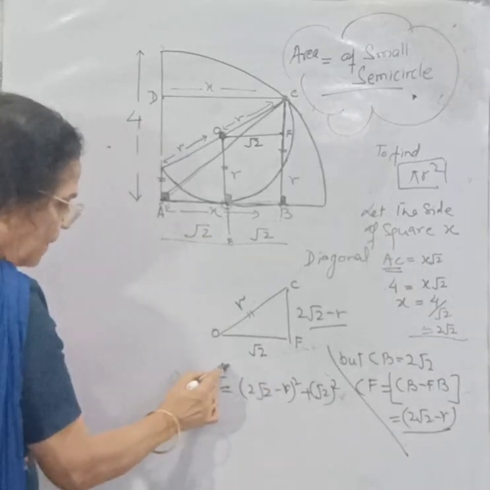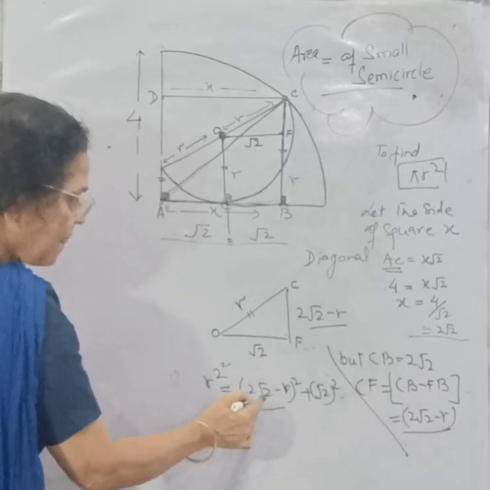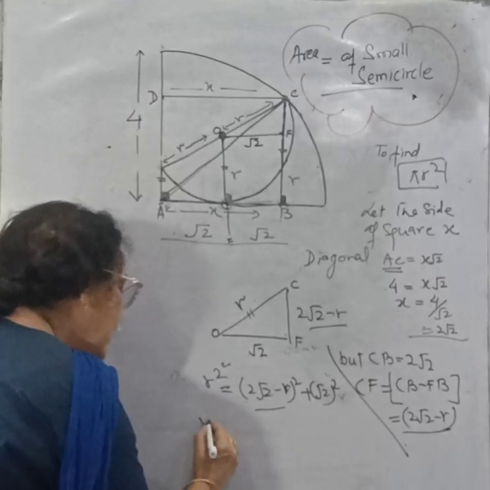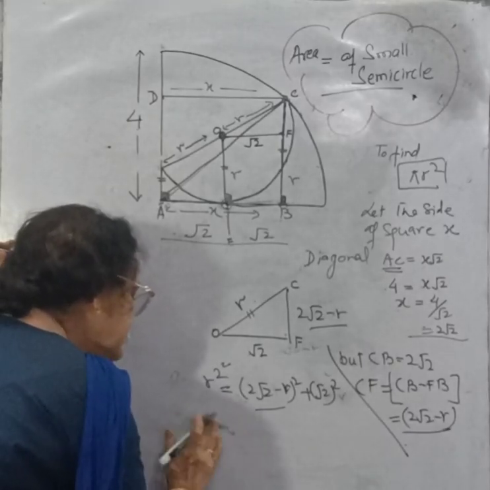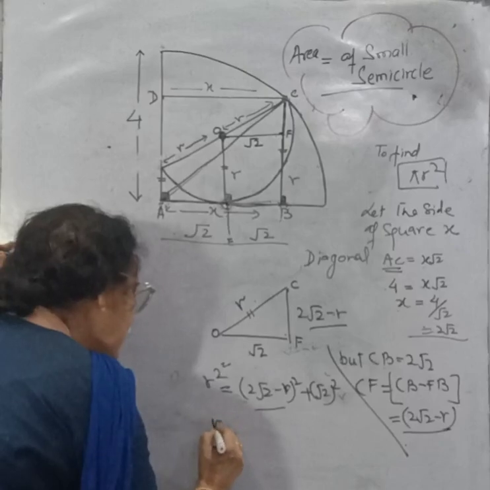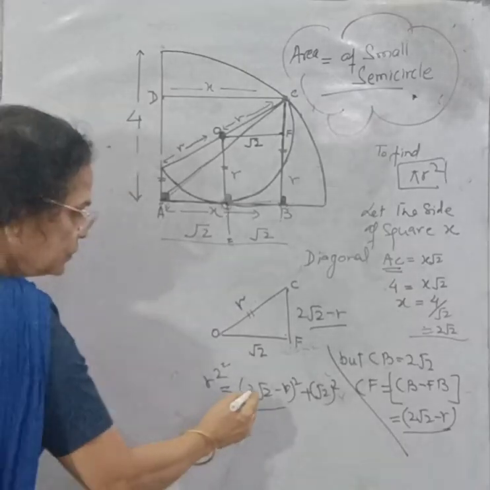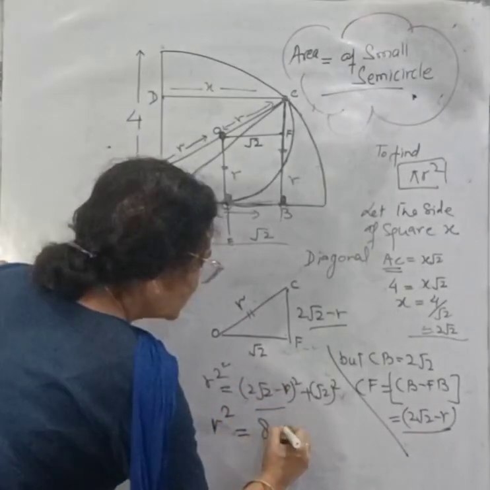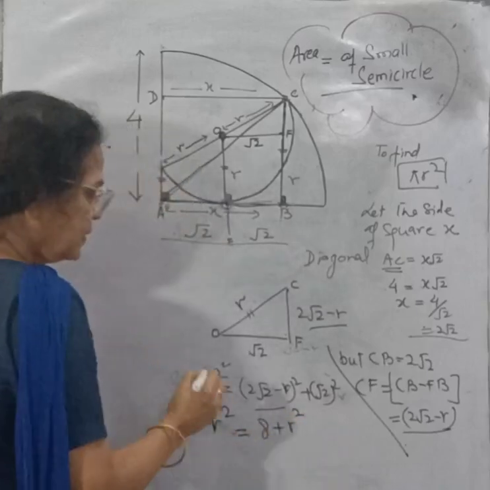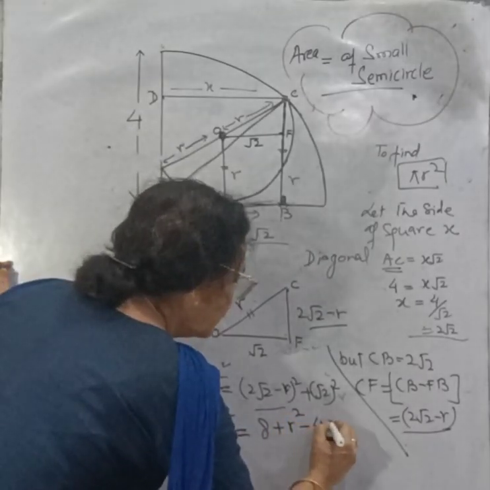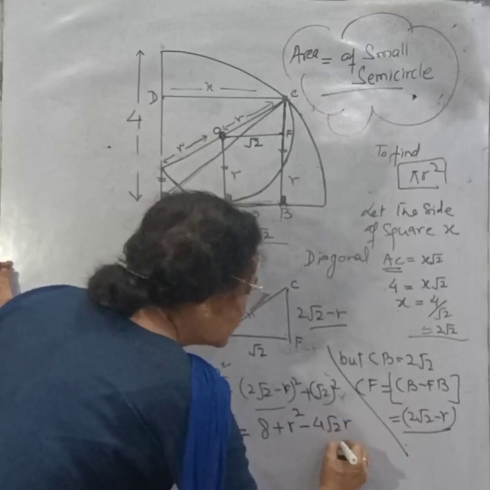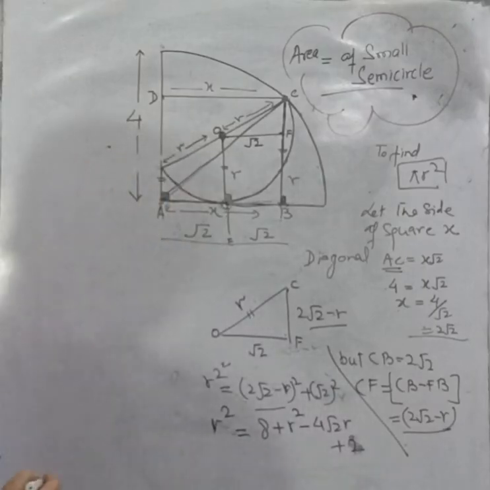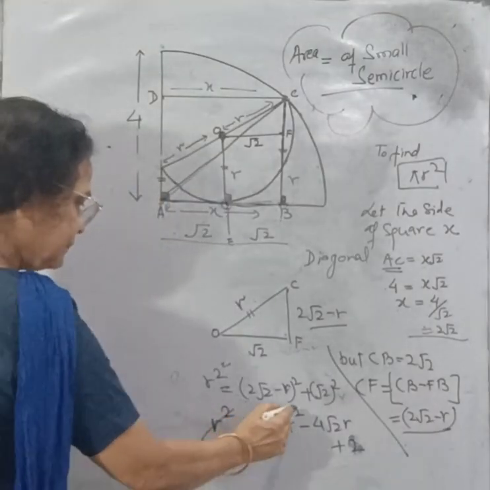Expanding, r square equals 8 minus 4 root 2 times r plus r square plus 2. The r square gets cancelled.